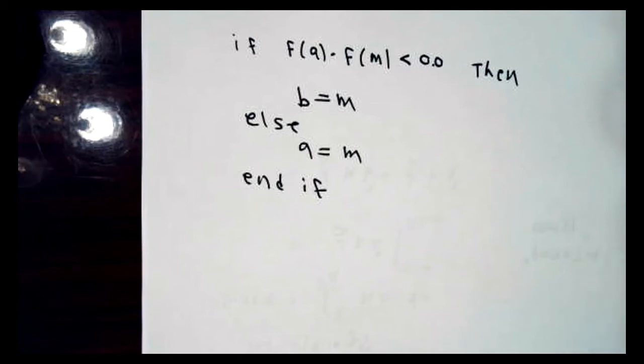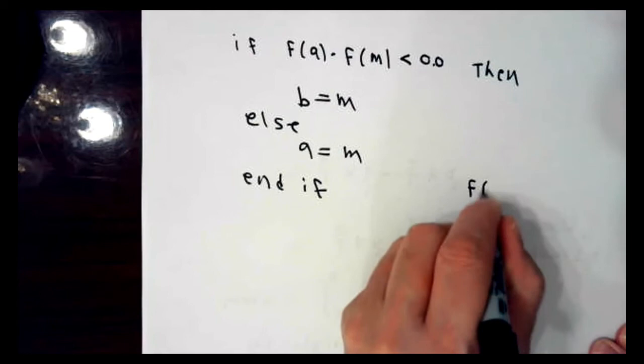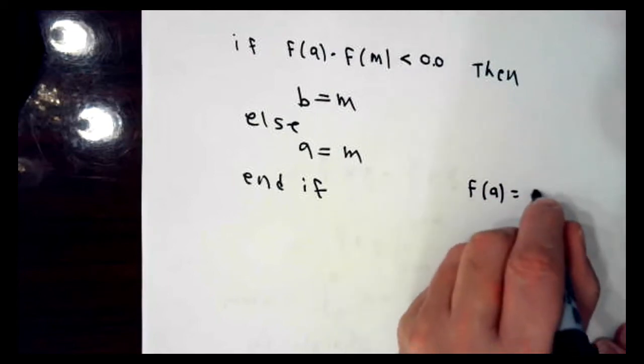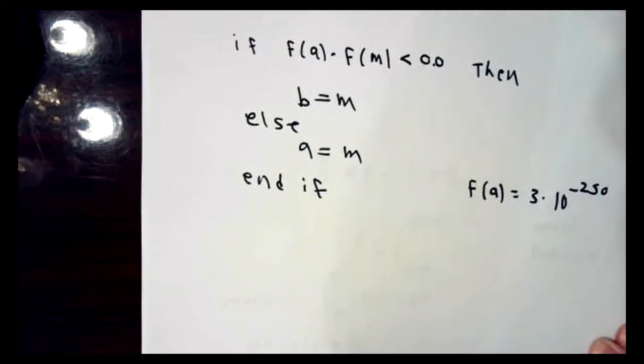But there's something worse about this. We're trying to solve f of x equals 0, and a, b, and m are all supposed to be getting very close to the place where f of x is equal to 0. So as I'm going along, both f of a and f of m are getting really small in magnitude. So for example, maybe f of a is 3 times 10 to the negative 250 power.